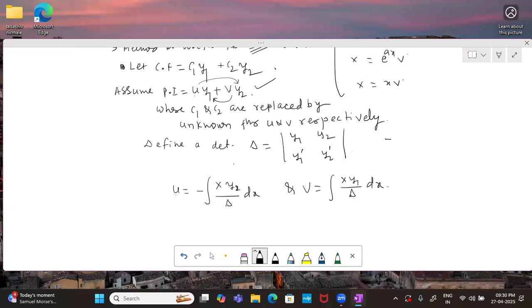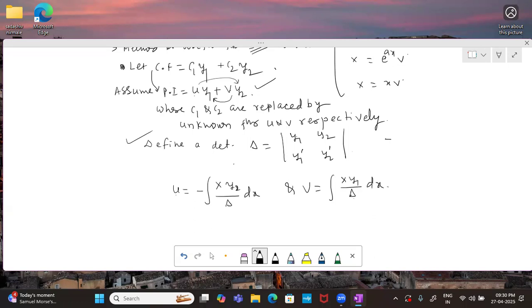So these are the steps. From CF write PI. While writing PI, C1 will be replaced by the unknown function u, and C2 by the unknown function v. Then directly define delta as the determinant y1, y2, y1 dash, y2 dash.